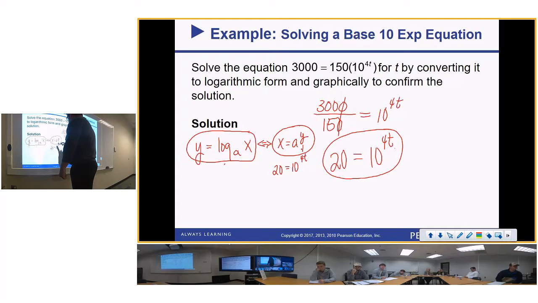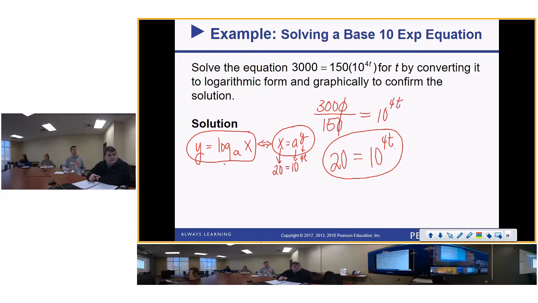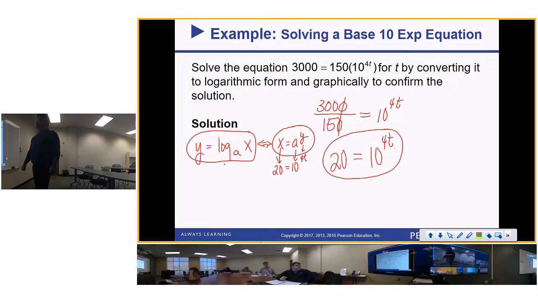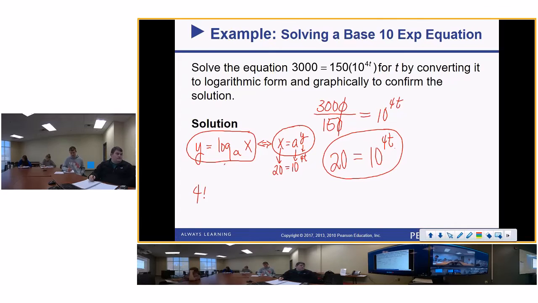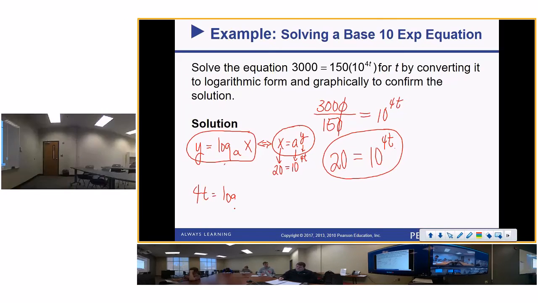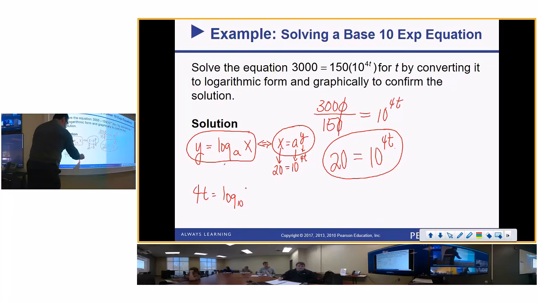I'm going to put that there. So tell me what the logarithm says. 4t is equal to log base 10 of what? 20. Okay, finish it. Now you have nothing but an algebra problem.